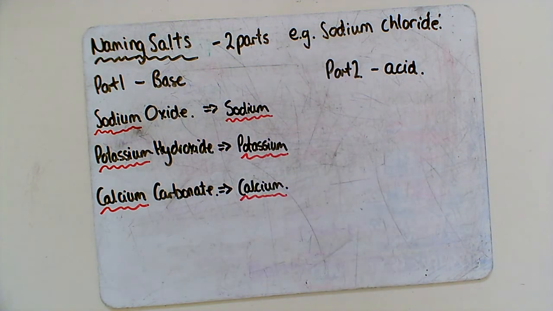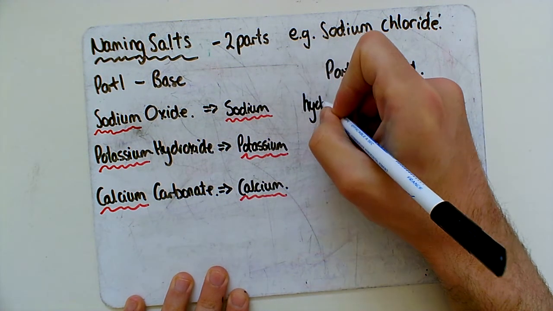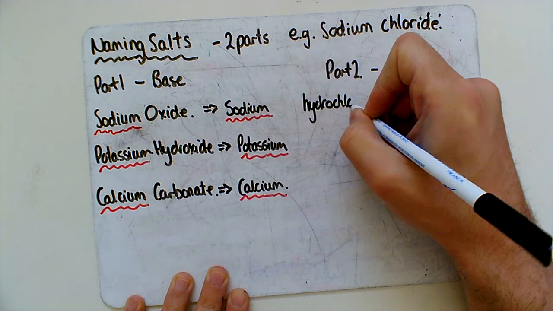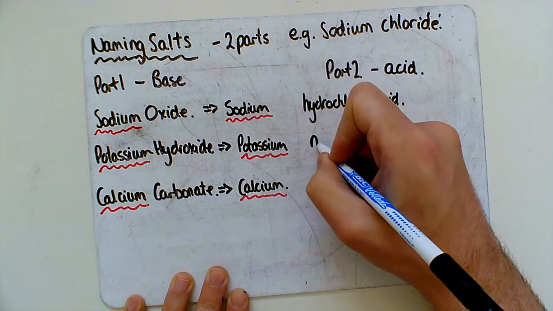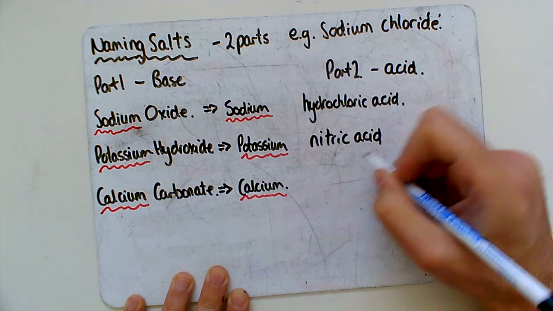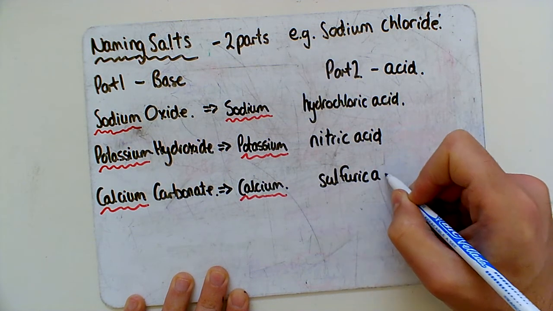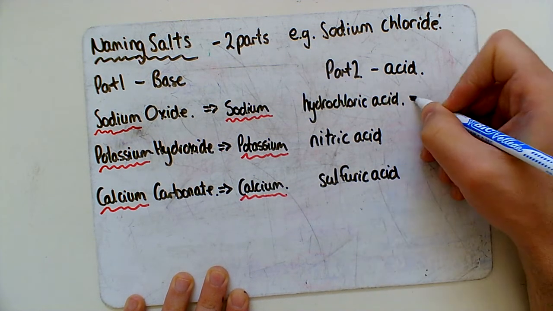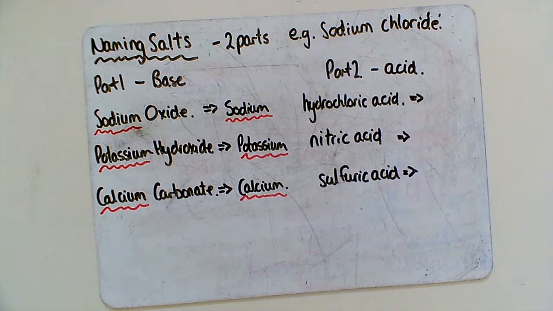Now the acids, they're a bit different. There are 3 acids that you need to know: hydrochloric, nitric, and sulfuric acid. And each one of these gives a different thing to the name of the salt.